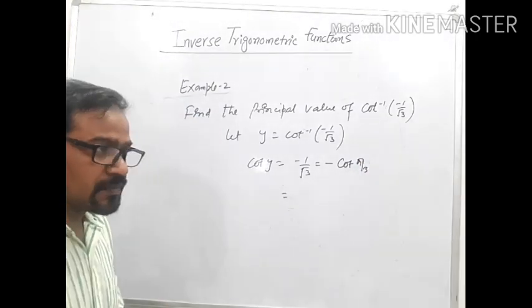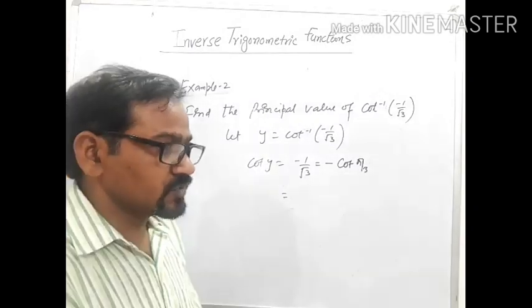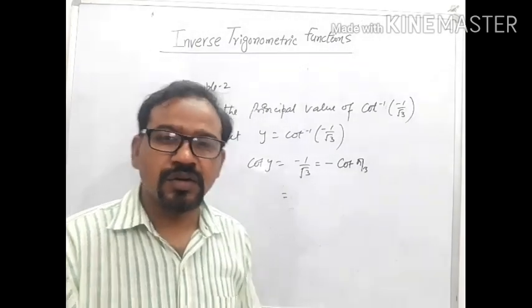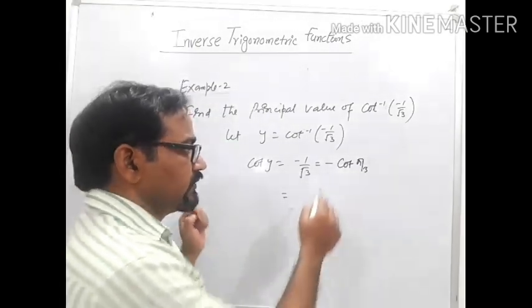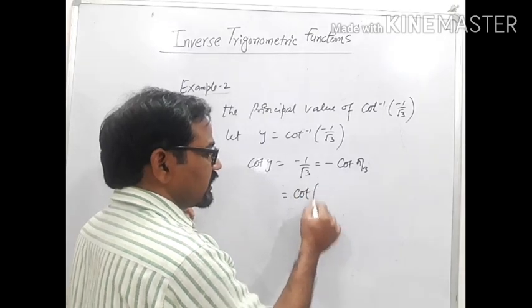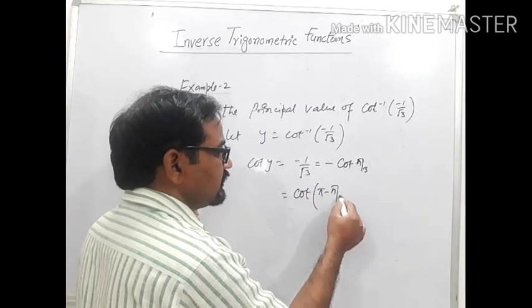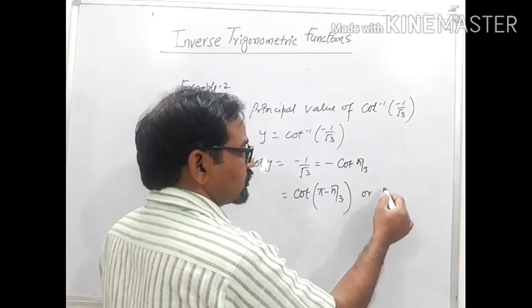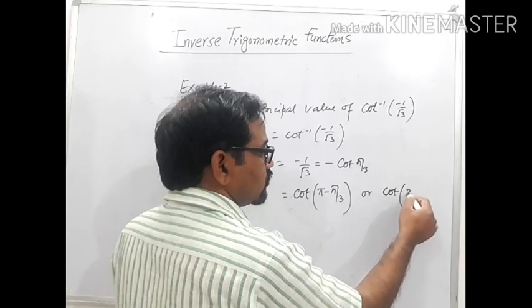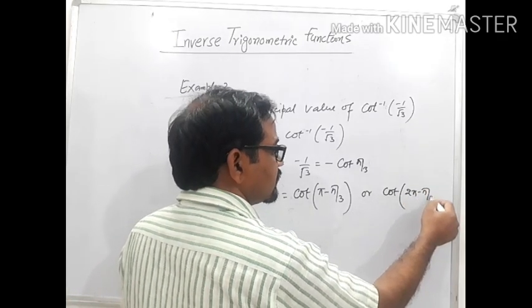Minus means cot is negative in the second or fourth quadrant. Then we can write this as cot of pi minus pi by 3 for the second quadrant, and cot of 2 pi minus pi by 3 for the fourth quadrant.